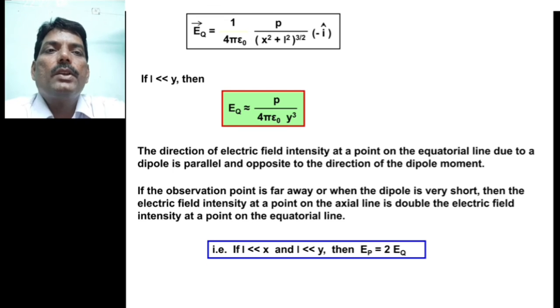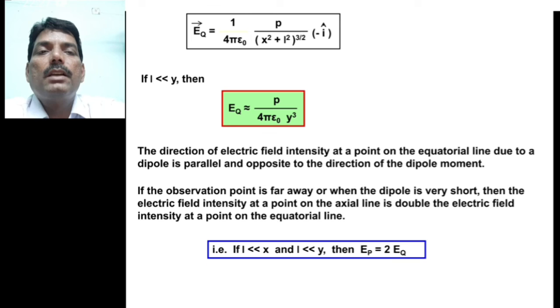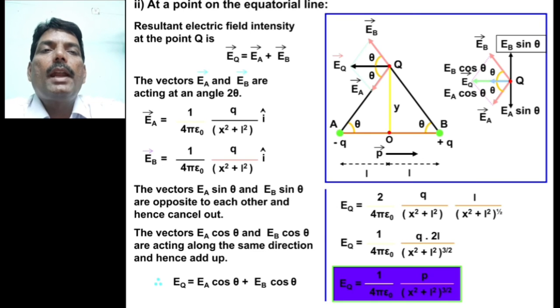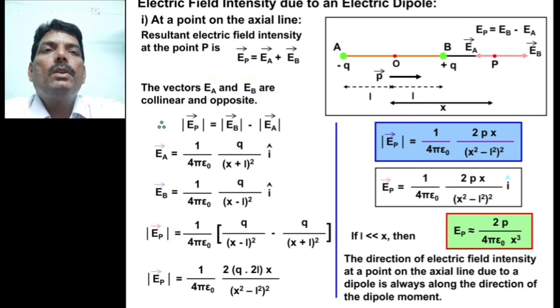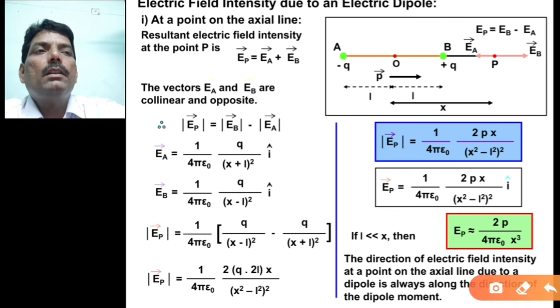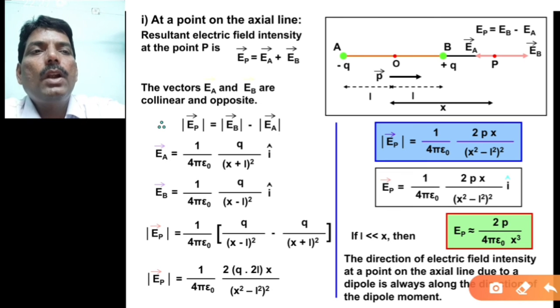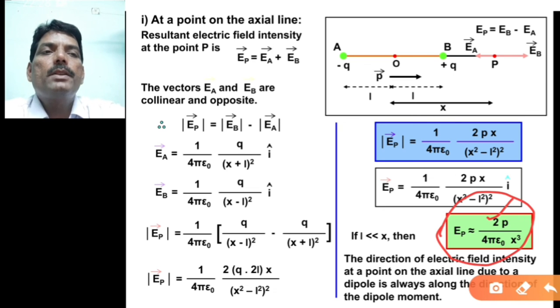So I think, students, you might have understood the case of the equatorial line and axial line. On the axial line you got the relation E_P equal to 2p upon 4 pi epsilon naught x cube.